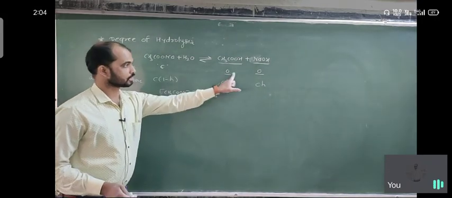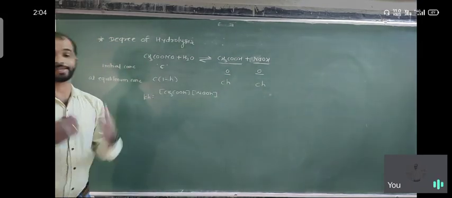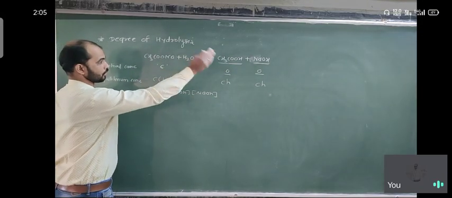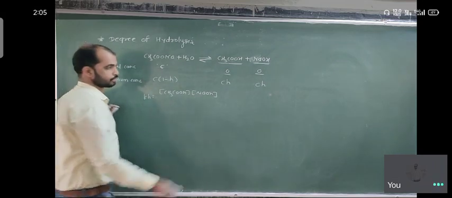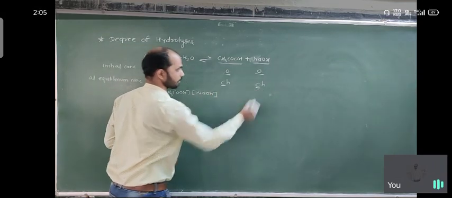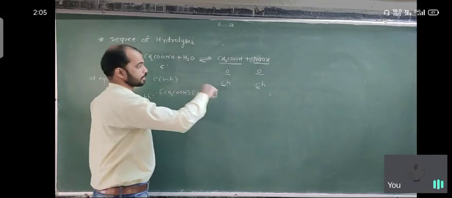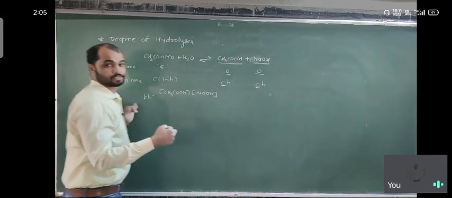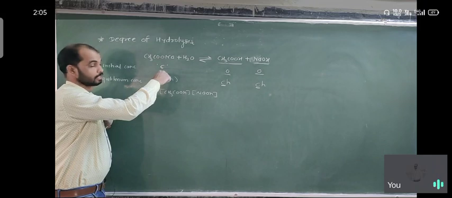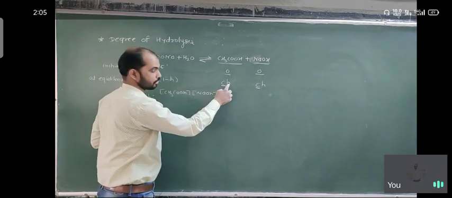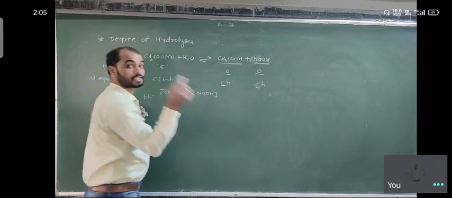But at equilibrium some salt converts into acid and base. So acid and base have some concentration, and how much depends on their degree of hydrolysis, means how much hydrolysis there is. It is the degree of hydrolysis, h, that is considered.